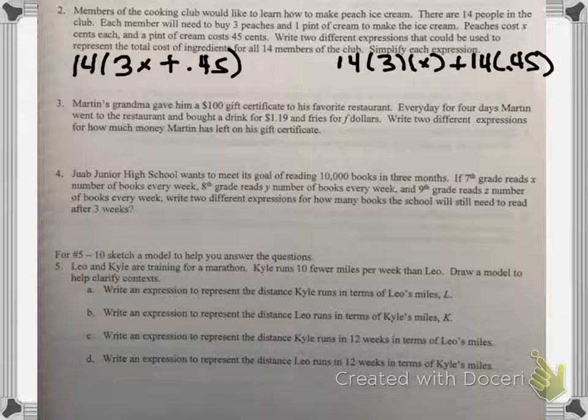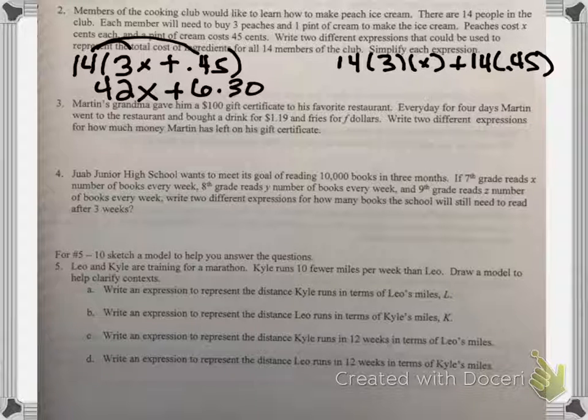On the left, we have 14 times 3x, which is 42x, plus 14 times 0.45, which is $6.30. This is the simplified version, and if you simplified this one, notice it's the same thing, 42x plus $6.30. You can't combine these because one has an x, one doesn't.